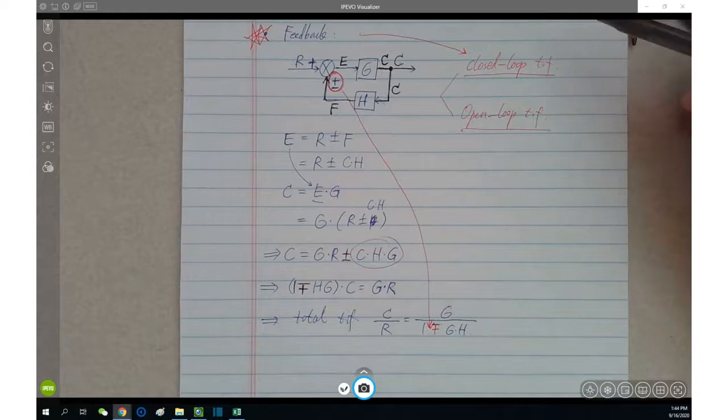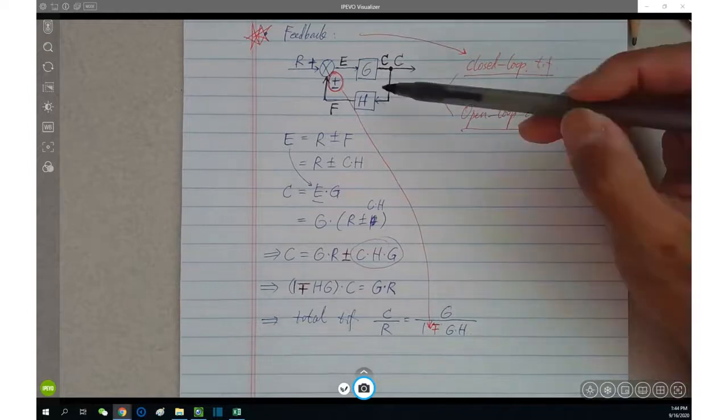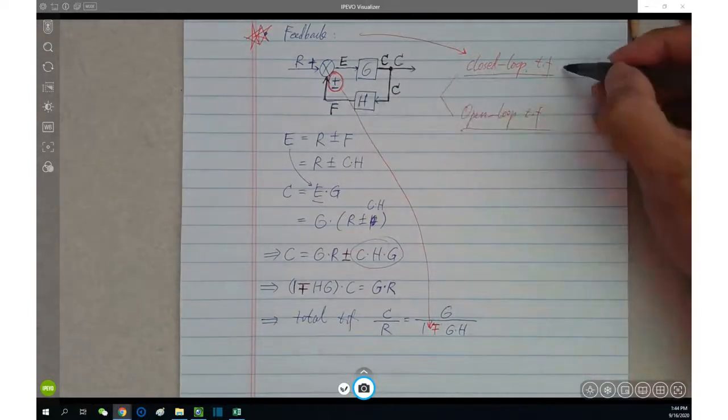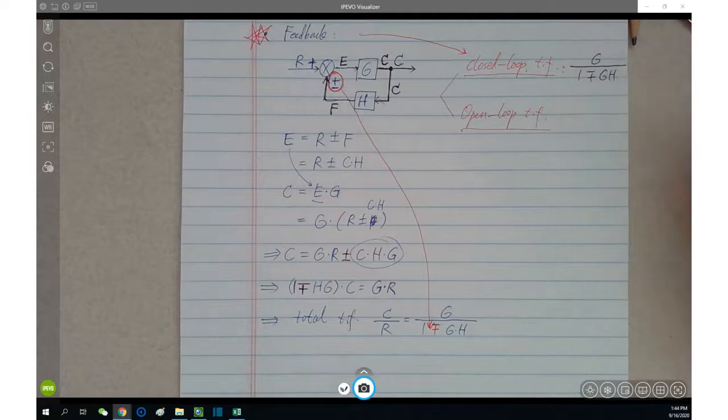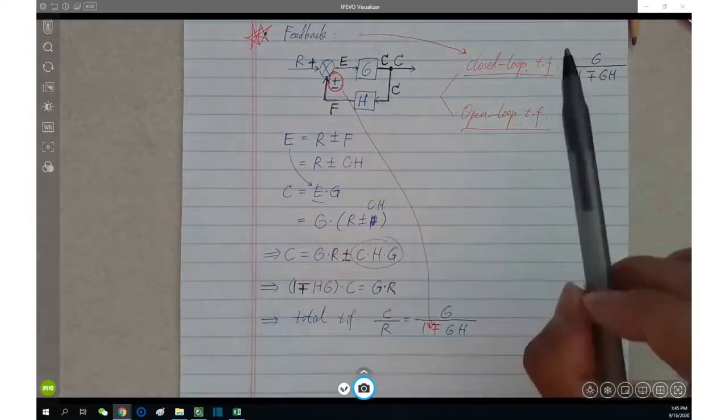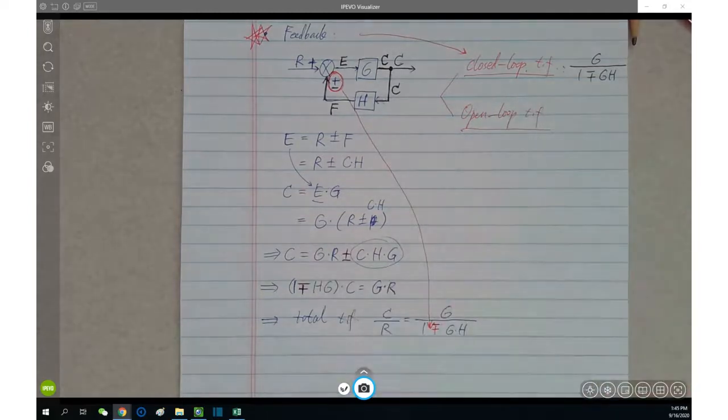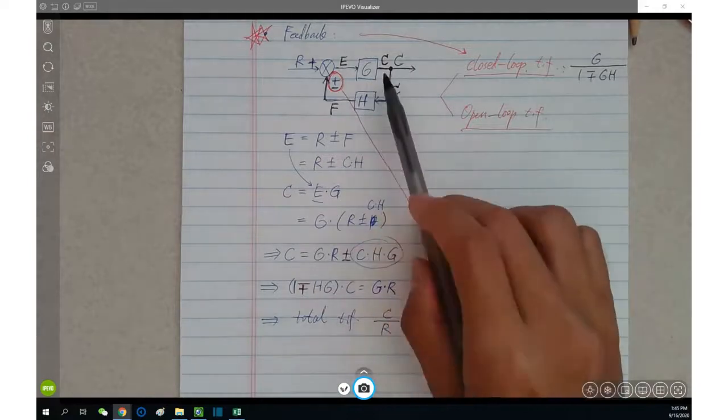The closed loop transfer function of this feedback system is nothing but the total transfer function we just derived down here. Closed loop transfer function means nothing but the total transfer function. However, to this feedback system, we also have another open loop transfer function. Okay, it's a feedback closed loop system.